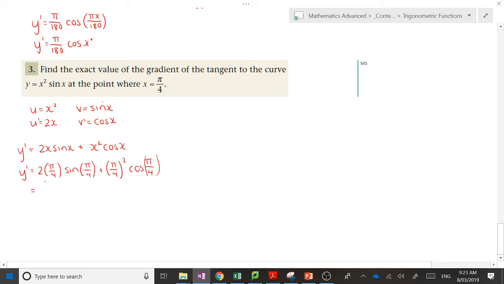So 2 times pi on 4 is just pi on 2, and sine of pi on 4 is 1 on root 2. Plus that squared is pi squared on 16 times cos of that, which is 1 on root 2.